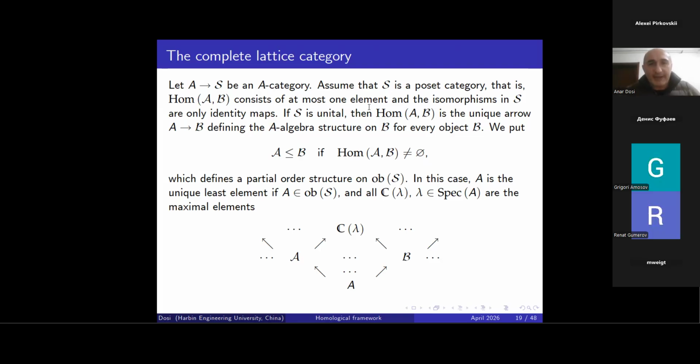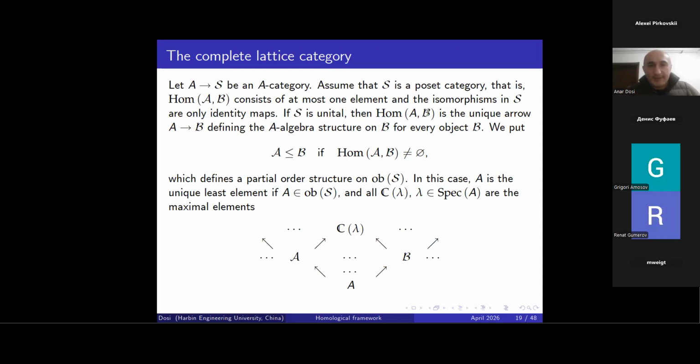So what is a posetal category? That means the morphisms consist of at most one element, right? Only one morphism you can find here. For example, from A to A, you have only identity. And the isomorphisms are only identity maps. Okay, that's called a posetal category.